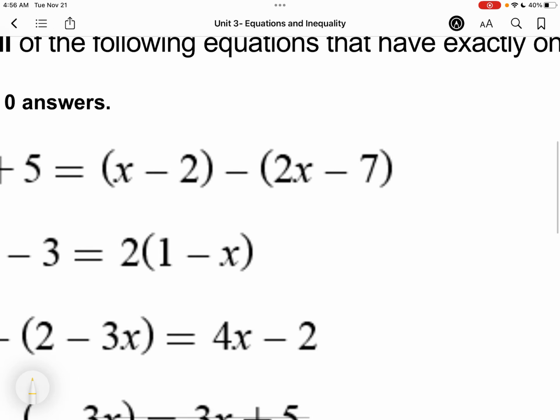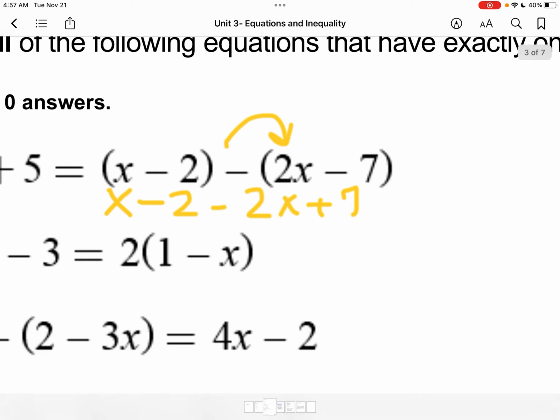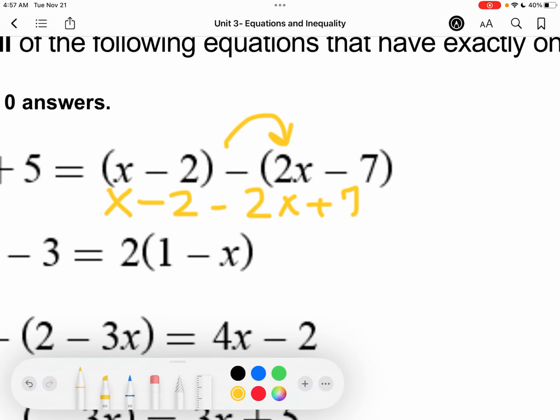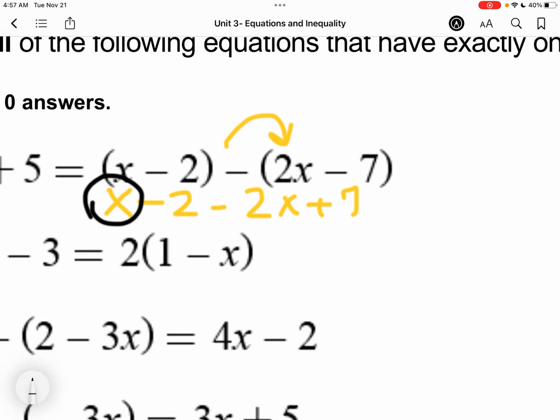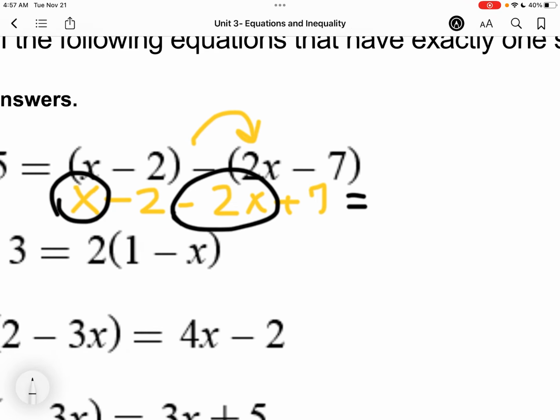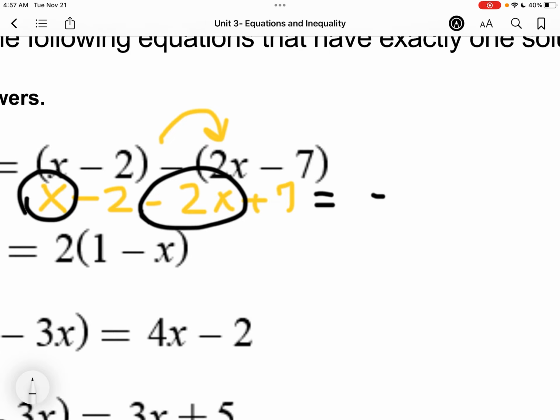So I know that I have x minus 2 and then a negative 2x plus 7. Then I'm going to combine my like terms. So I end up with negative x plus 5.